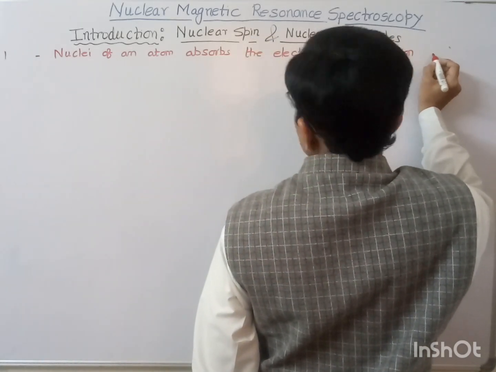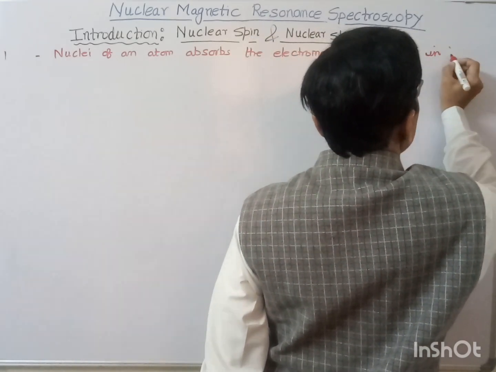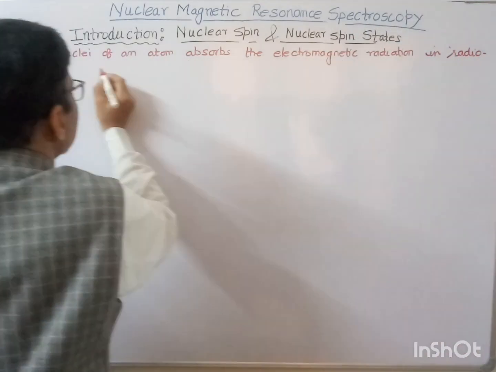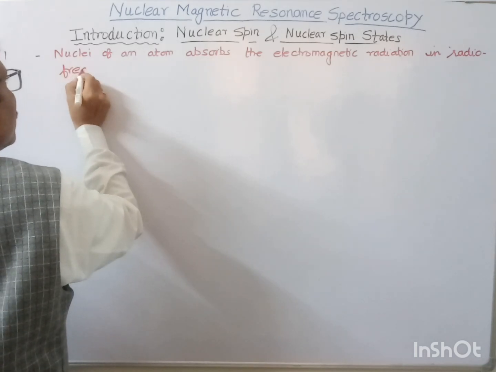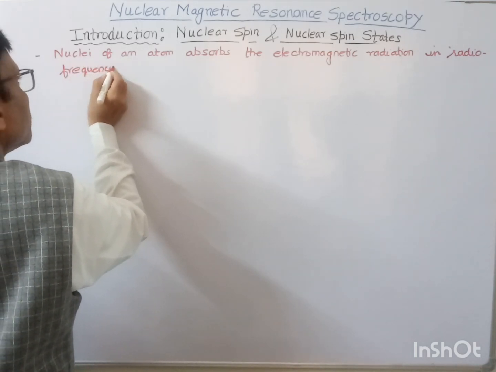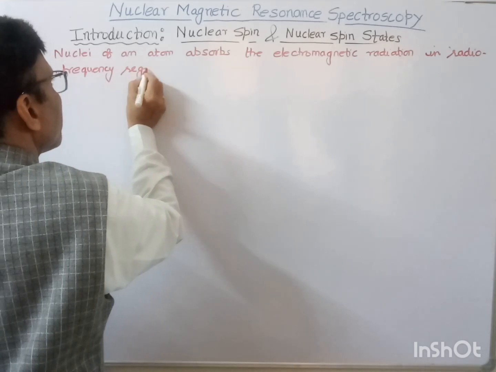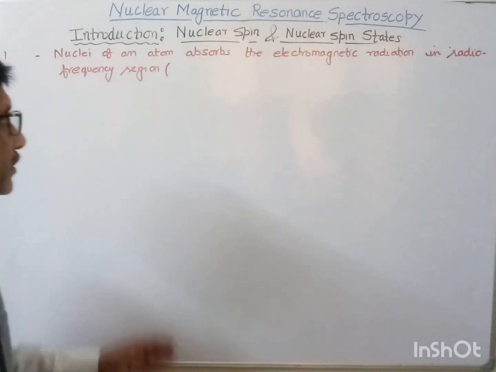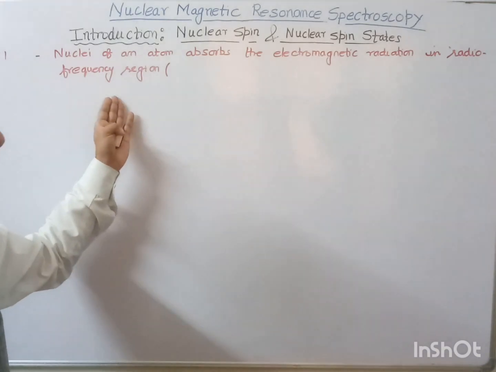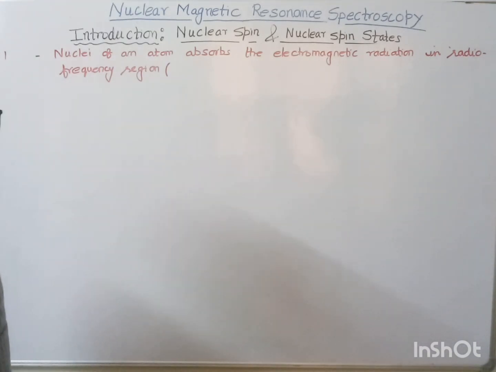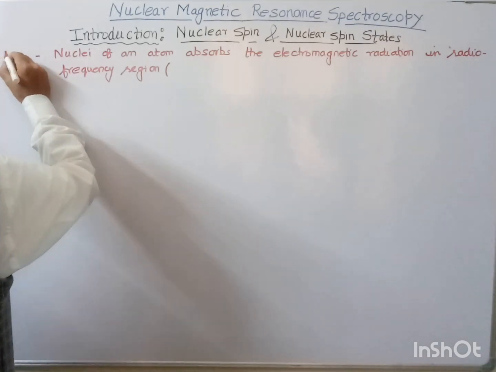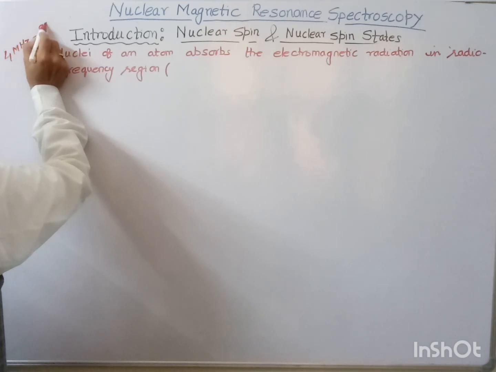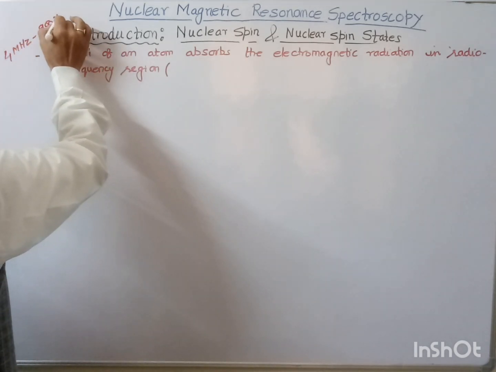Which falls in the radio frequency region. Which radio frequency region? Usually the approximate range is from 4 megahertz to 900 megahertz. This is the approximate range.